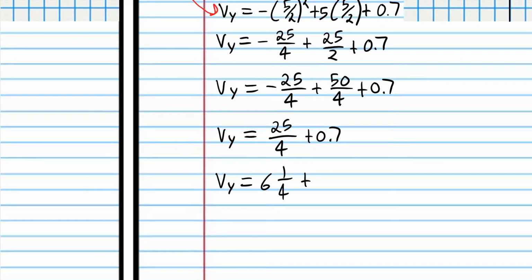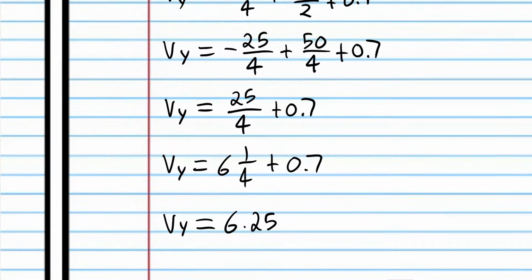And 1/4, you may recognize that, or you may know what the decimal form of that is. It's just 0.25. And you know, if you want to review how to change a fraction to a decimal, it's just take the numerator, divide by the denominator, add a 0, and just do the long division algorithm.